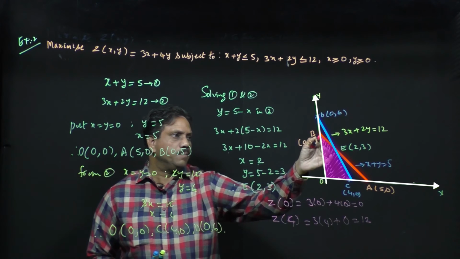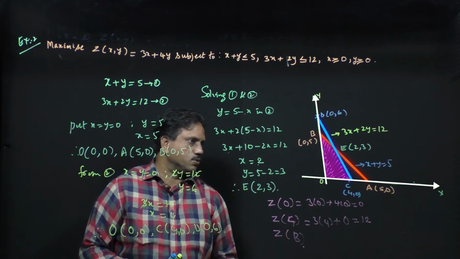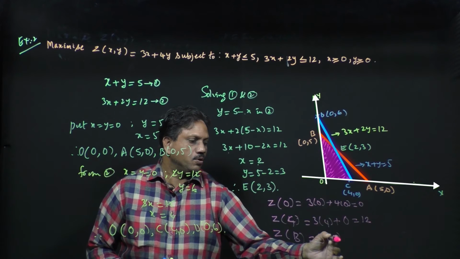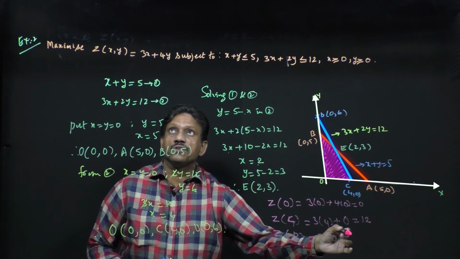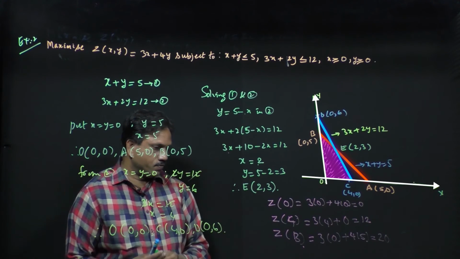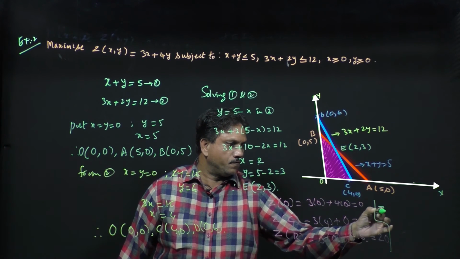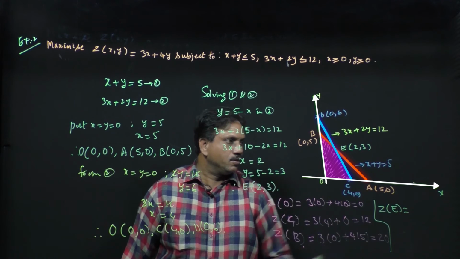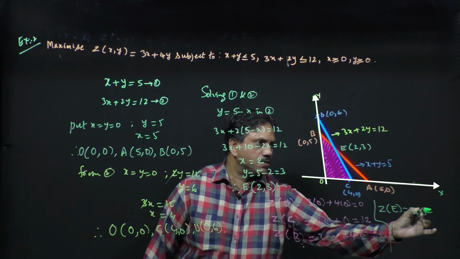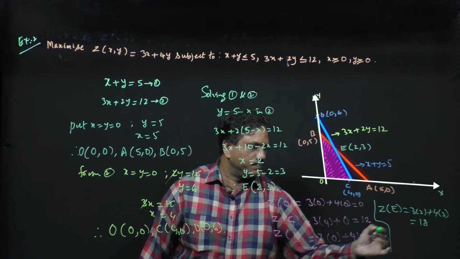Next is B point, Z of B: 3 into 0 plus 4 into 5, the value comes as 20. And the next one is Z of E. E point is 2 comma 3. Putting 2 comma 3, 3 into 2 plus 4 into 3, the value comes to 18.